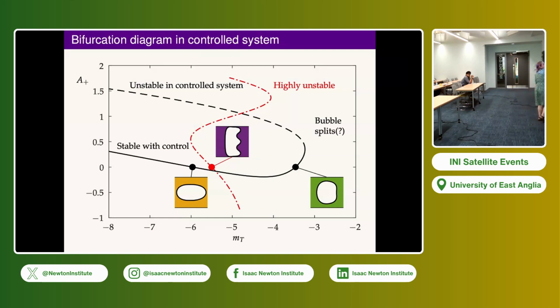And there are three values this time, potentially more actually, there should be a whole sequence of them, where it crosses 0. So one of them corresponds to the state that was stable before, one of them corresponds to the double tip state that we've managed to stabilize by feedback control.